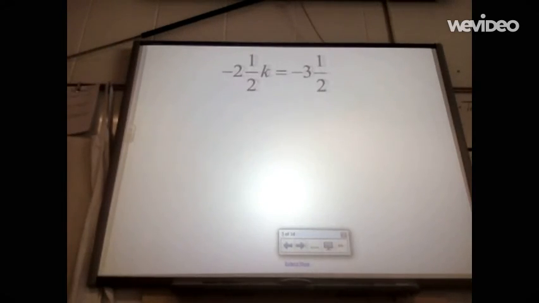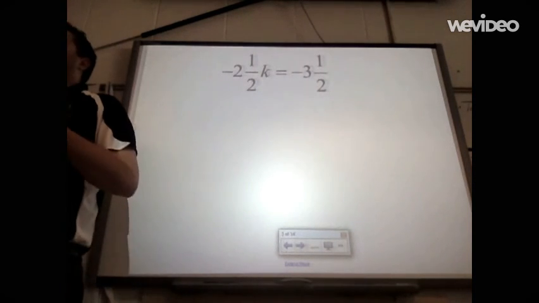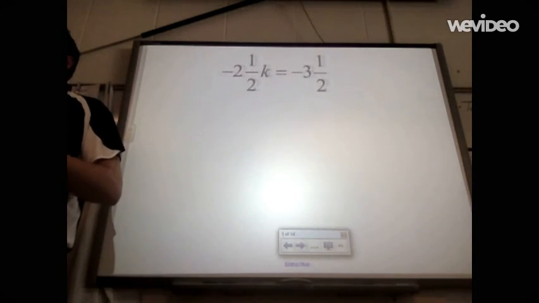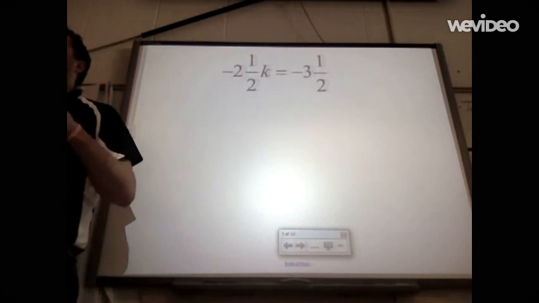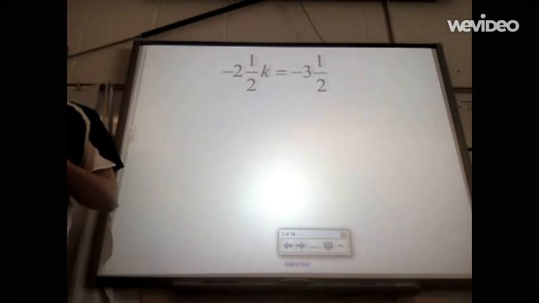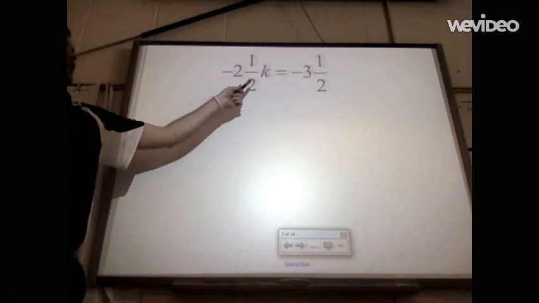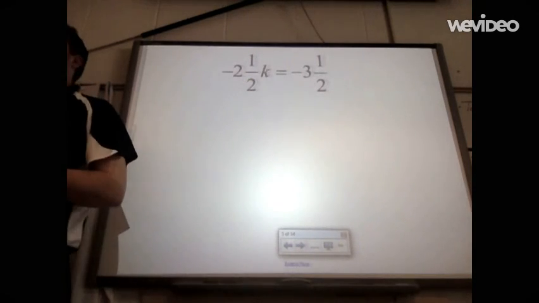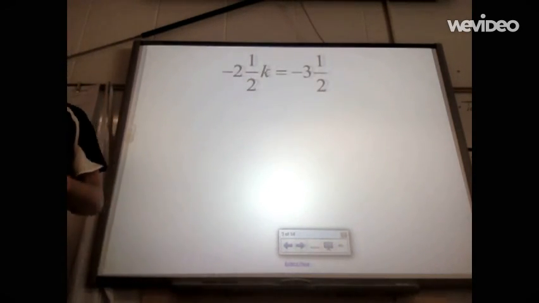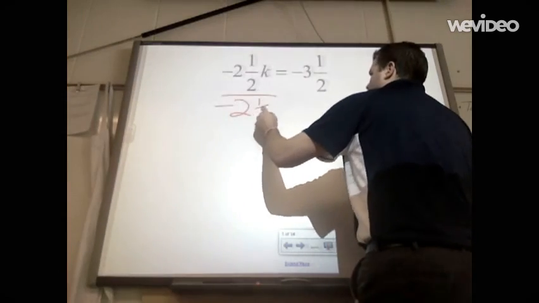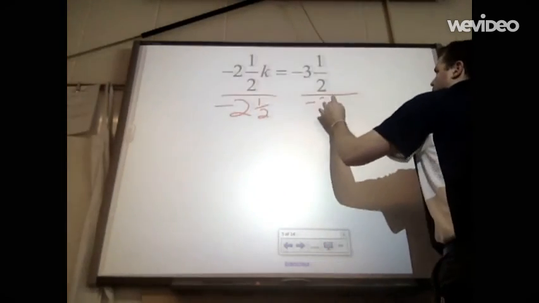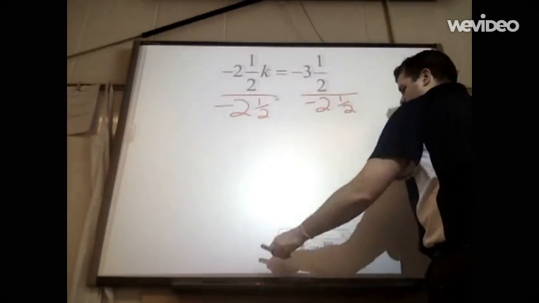Easy example again. I know it's fractions. I know it's easy to flip it into decimals for this and go negative 2.5 and negative 3.5. Leave it as a fraction. So how do you move negative 2.5 from left to right? Divide. Okay, divide by negative 2.5 there, and here.